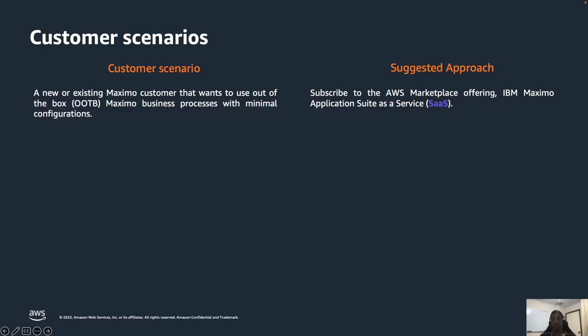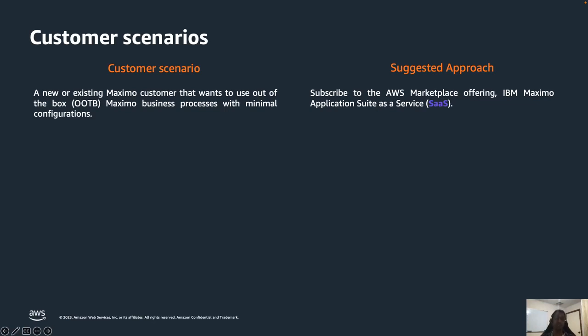If you're a customer that's new to Maximo, or if you're an existing Maximo customer that does not have a lot of customizations and you have a minimal amount of configurations and largely use out-of-the-box Maximo today, then the suggested approach for you would be to use the AWS Marketplace offering called IBM MAS as a service.